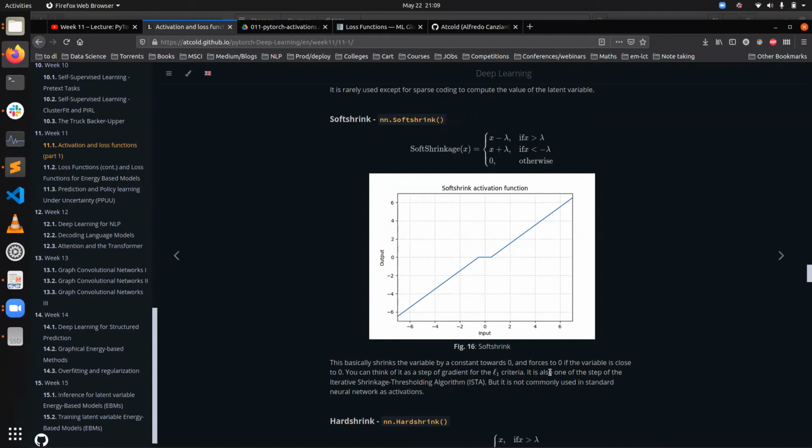X is 0, Y is 0, therefore the mod of X and Y is also 0. And at that point, it is not differentiable because it's a discontinuity, right? So I think that's what he's talking about, and that motivates the smooth L1 loss later.